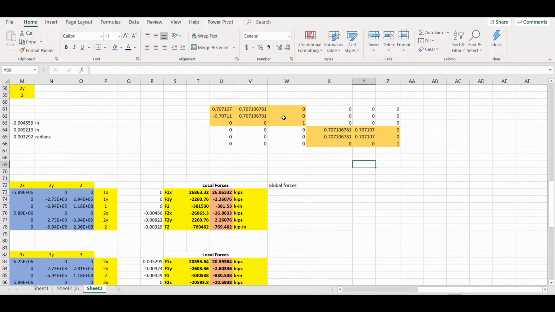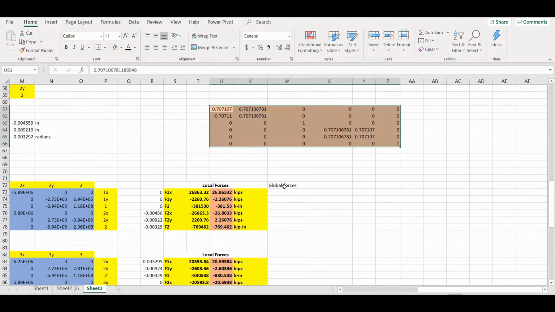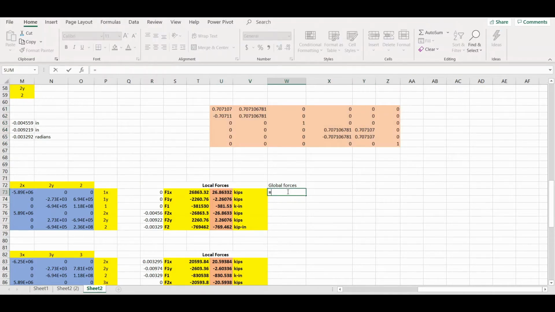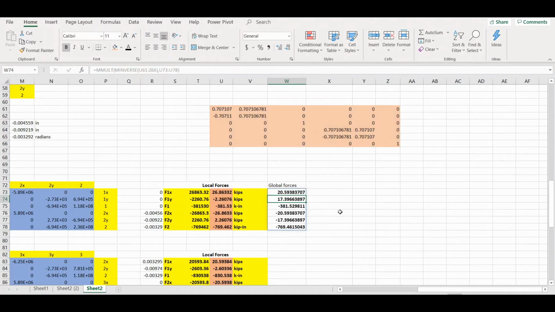Now these all values are assigned 0. Now to obtain the global forces, we have to multiply the inverse of this transformation matrix with the local forces. There you go. Now these will be our global forces. Global in the sense that they are obtained in the direction of the global reference axis.